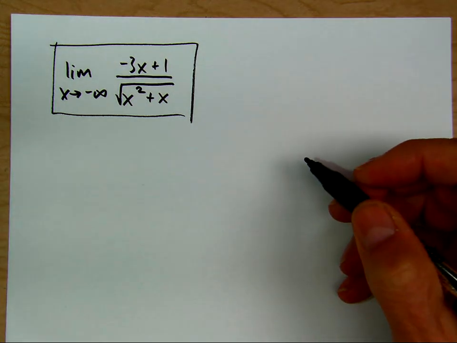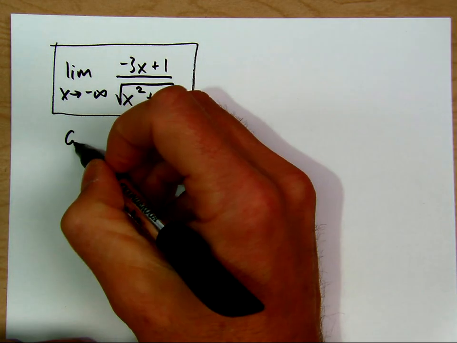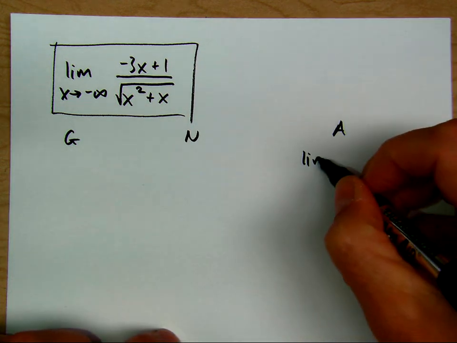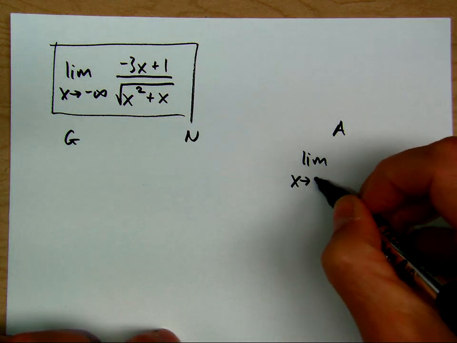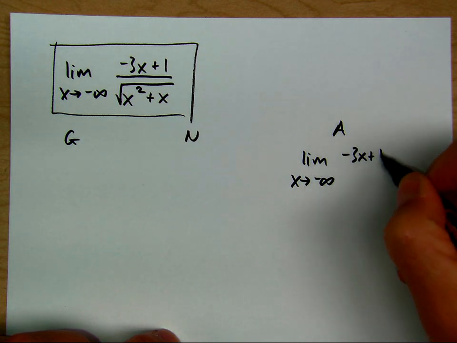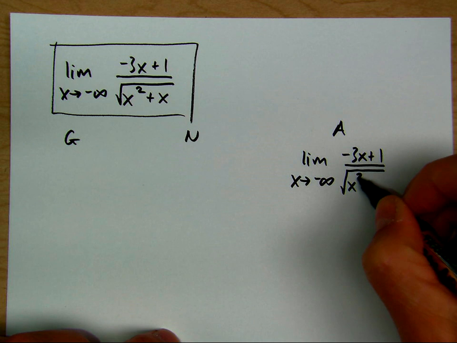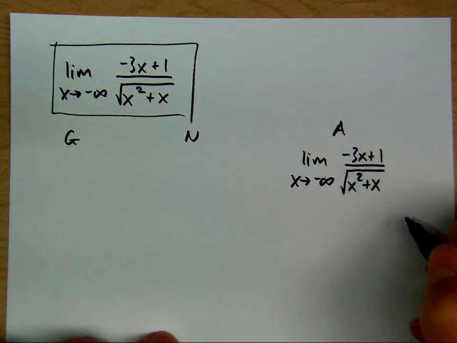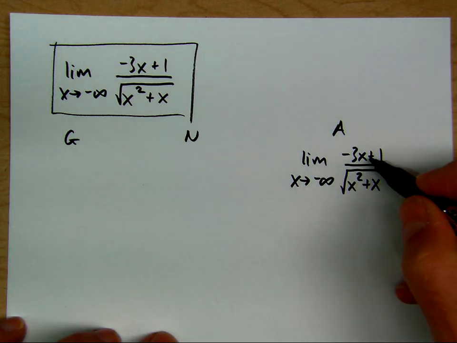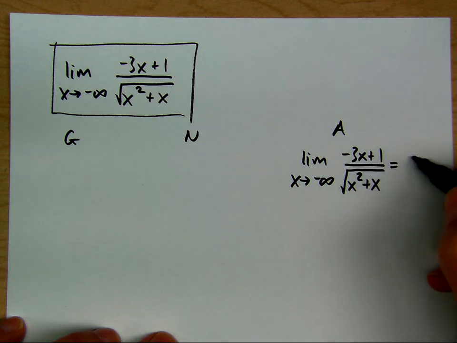Alright, pause the video, try that one. If we put negative numbers here, we get a positive, so the numerator goes to positive infinity.